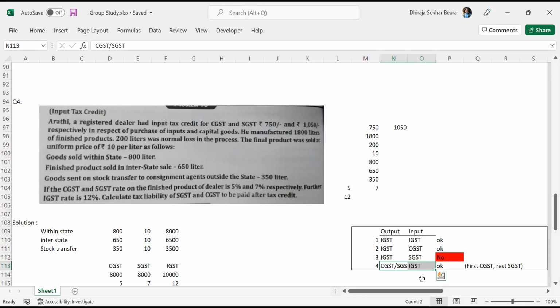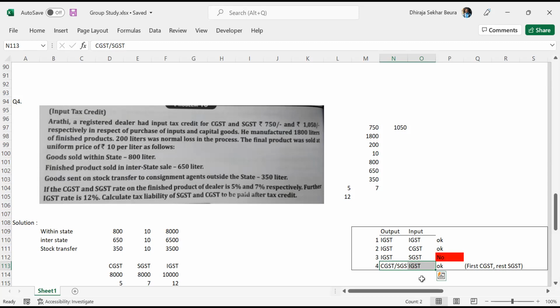So there was 1800 liters, and now they have given a selling price of 10 rupees per liter. Goods sold within state is 800 liters. Finished product sold in interstate sale is 650 liters. Goods sent on stock transfer to consignment agents outside the state is 350 liters.